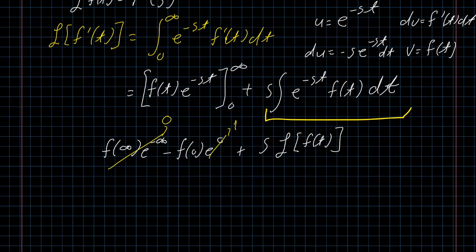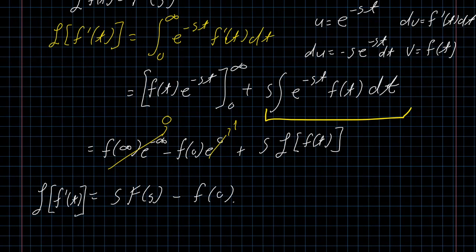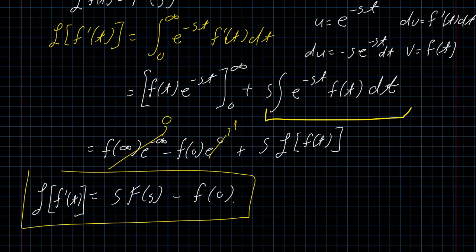So just rearranging these and writing them in the other order, we've got s times the Laplace transform of f of t, which is capital F of s, minus little f of 0. All right, there's another result that we should probably include in our table of Laplace transforms.